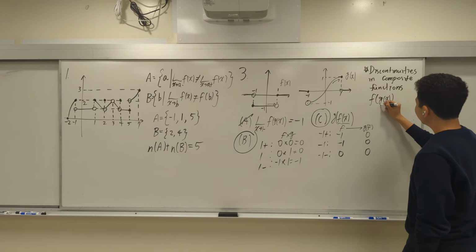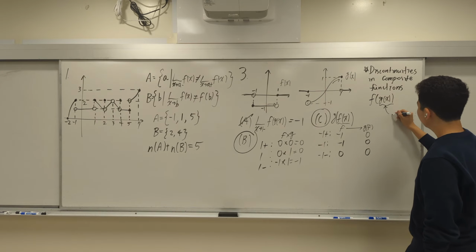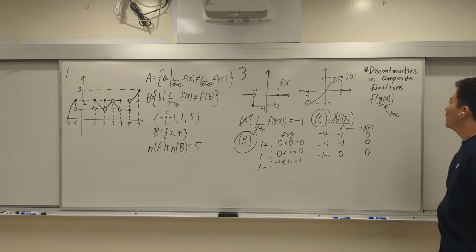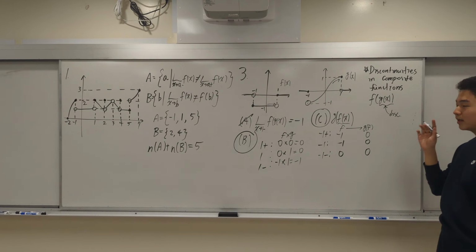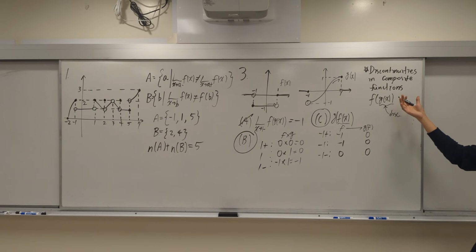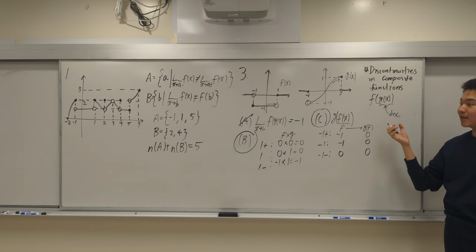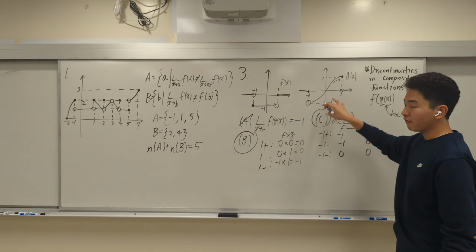A discontinuity in the inner function would likely cause a discontinuity in the outer function, right? So that's number one thing to look for, is there any discontinuities in the inner function? Because the output can jump around.